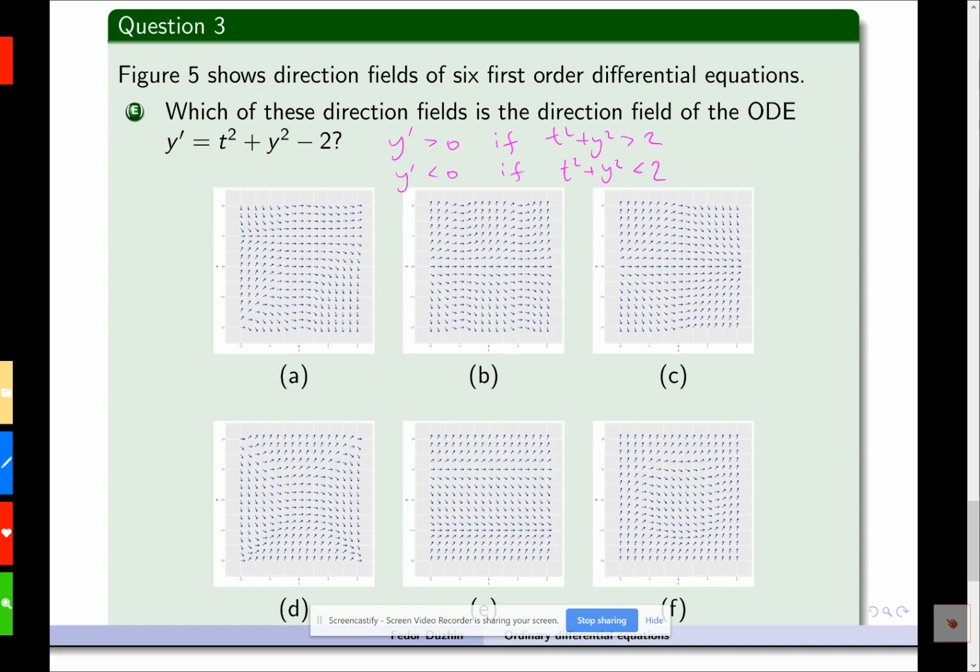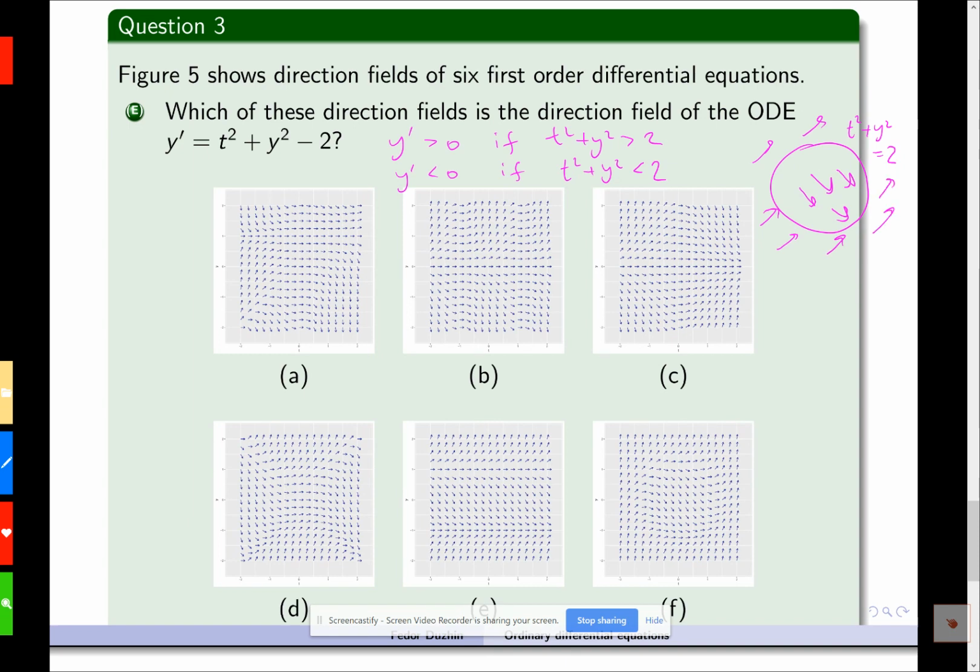Well, now, what does it look like? The curve given by the equation t squared plus y squared equals 2 is a circle of radius square root 2 centered at the origin. Now, we need to look for the direction field where inside this circle all the arrows point downwards, and outside this circle all the arrows point upwards.